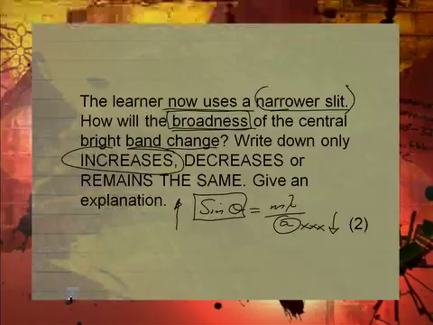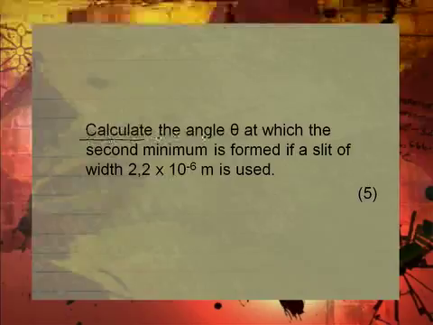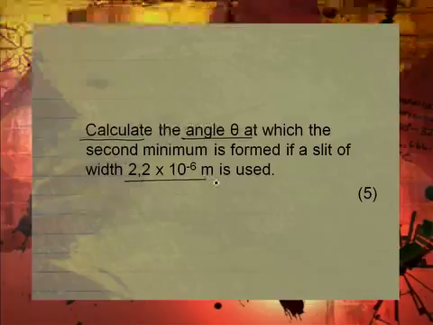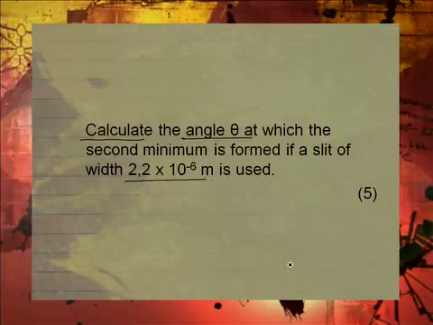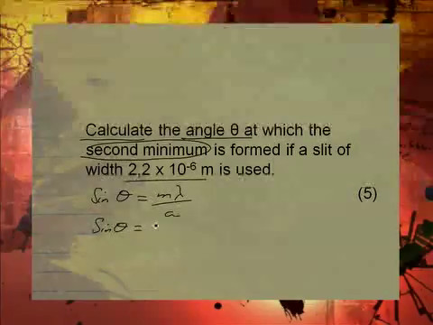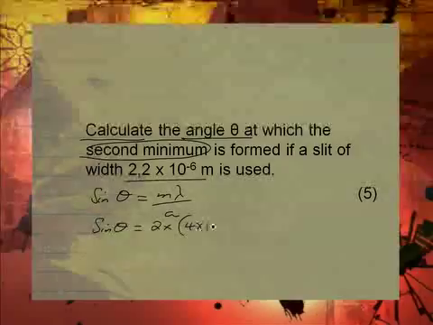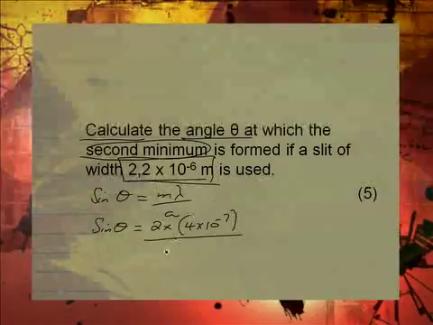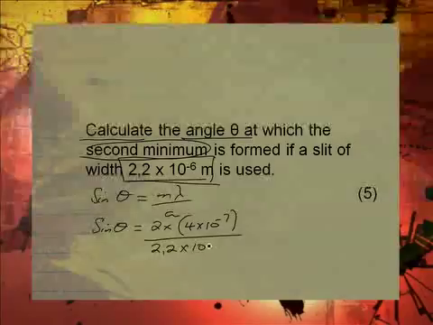All right. Next, calculate the angle at which the second minimum is formed if a slit of 2.2 × 10^-6 meters is used. Now here you just use your formula, sine theta equals m lambda over a. Substitute everything. Sine theta equals, for the second minima, your m is 2, times the wavelength, which is 4 × 10^-7, as given to us earlier on, divided by the size of the slit, which is 2.2 × 10^-6.